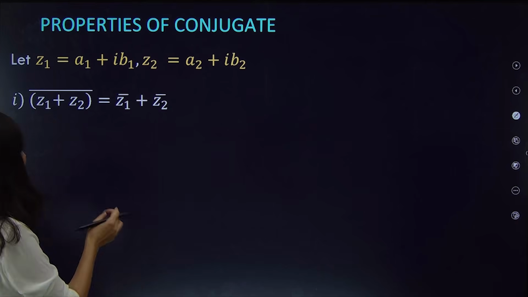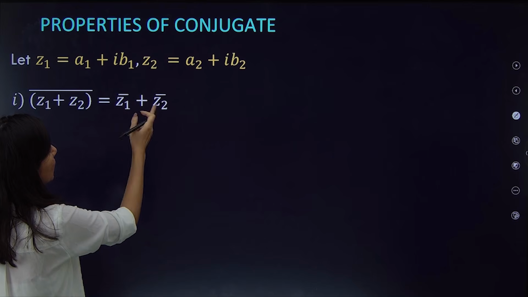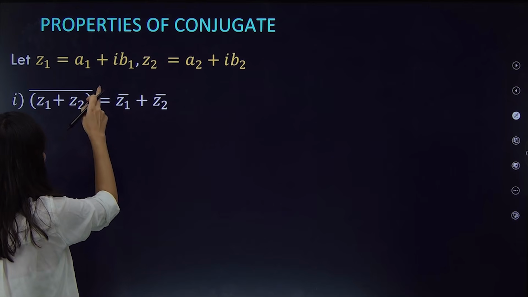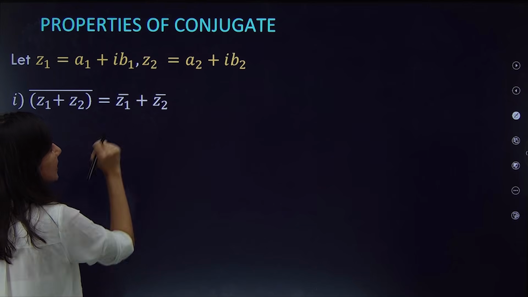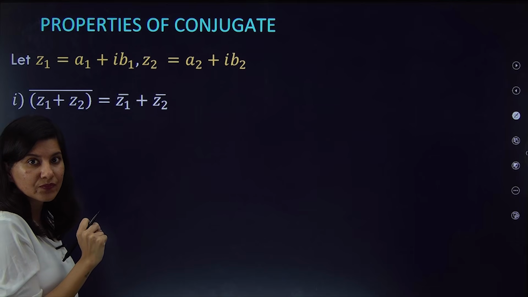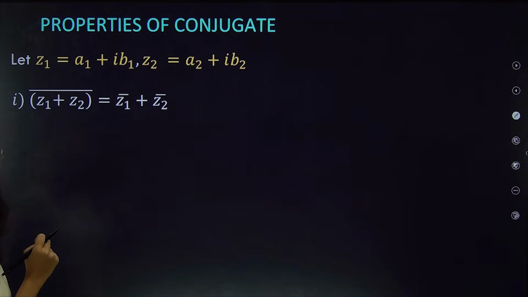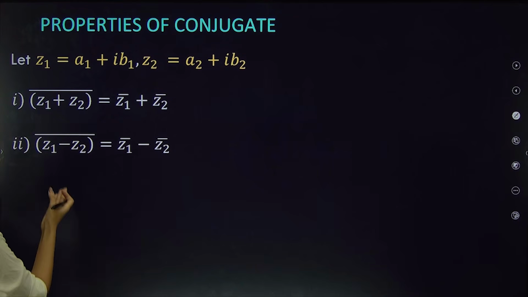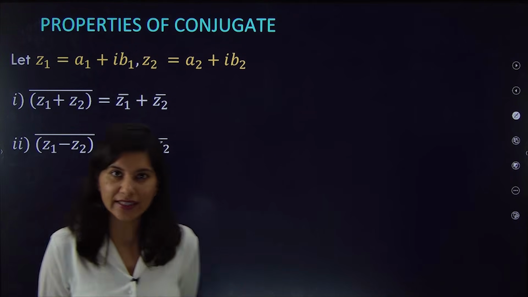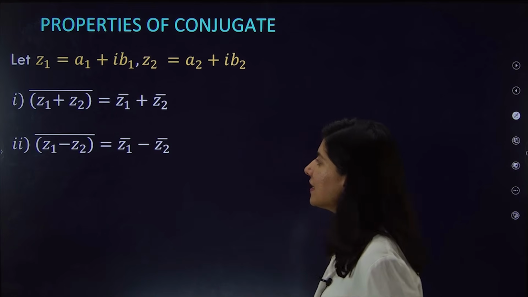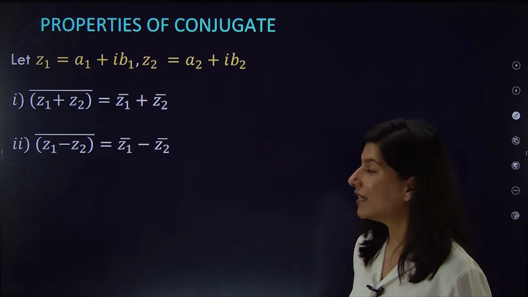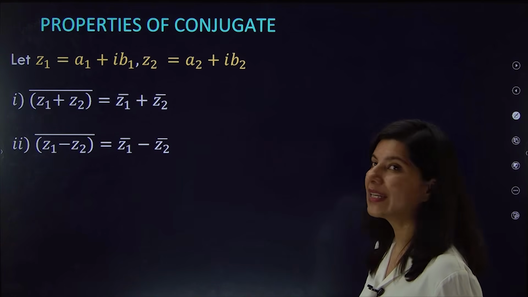You can just take individual conjugates. So z1 plus z2 whole bar will become z1 bar plus z2 bar. Okay, all right, clear? This is the first property. Second property, subtraction also works like that only: z1 minus z2 whole bar is equal to z1 bar minus z2 bar.